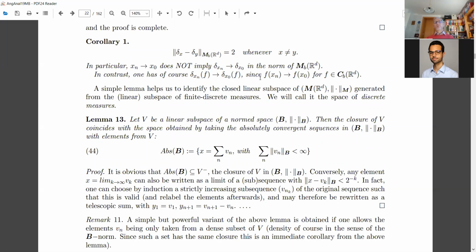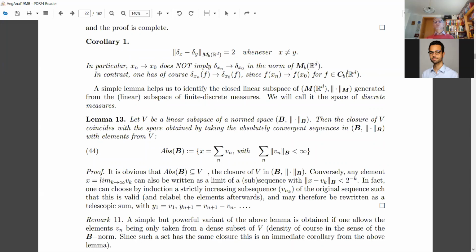Why? Because you evaluate f at xn, so you have to look at what is f of xn, and the limit should be f of x0. But this is actually the definition of continuity at the point x0. So for every function f which is continuous at the point x0, this will be true.